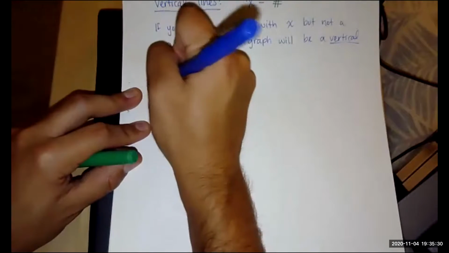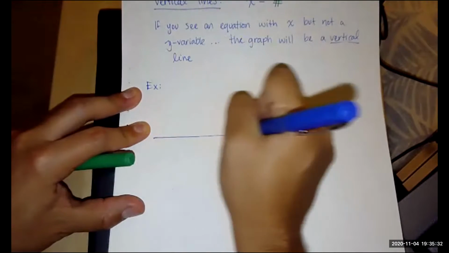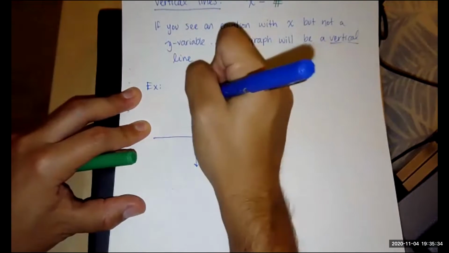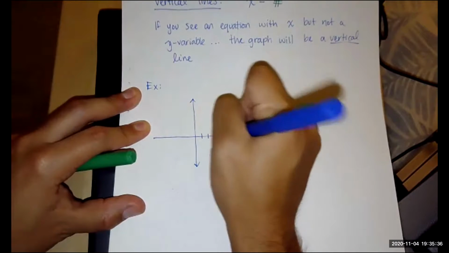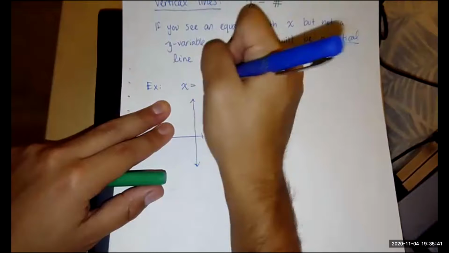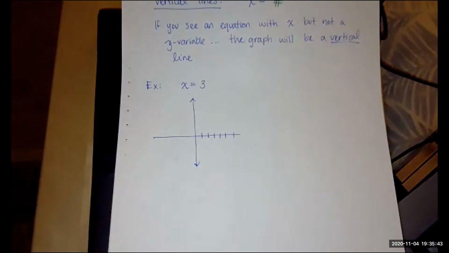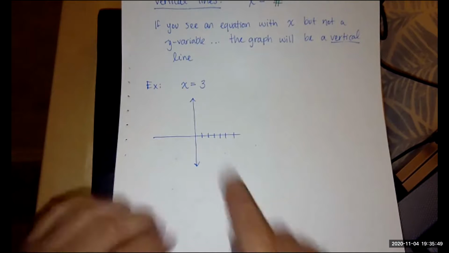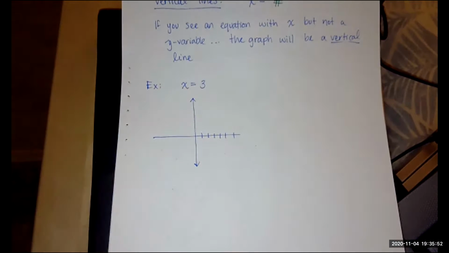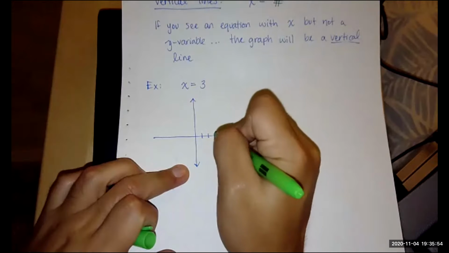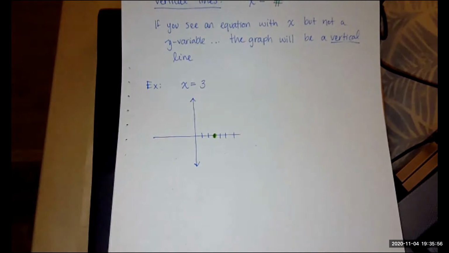Okay, so for example, I'm going to give you a few examples just so we get used to this concept. If I gave you the equation x is equal to 3, then you have to be able to say, okay, there's no y in this equation, so x is equal to 3 would be right here on the x-axis, right?